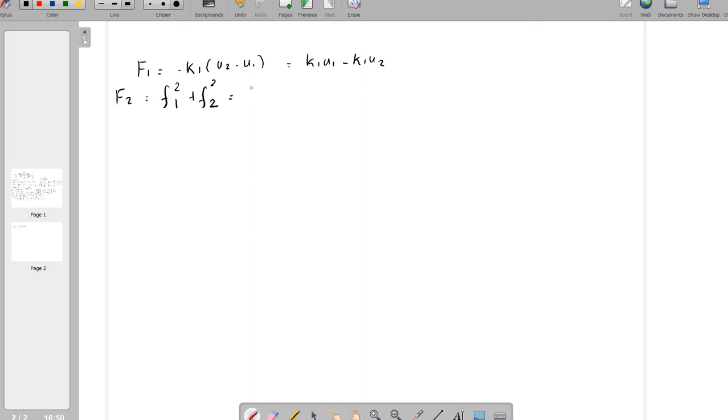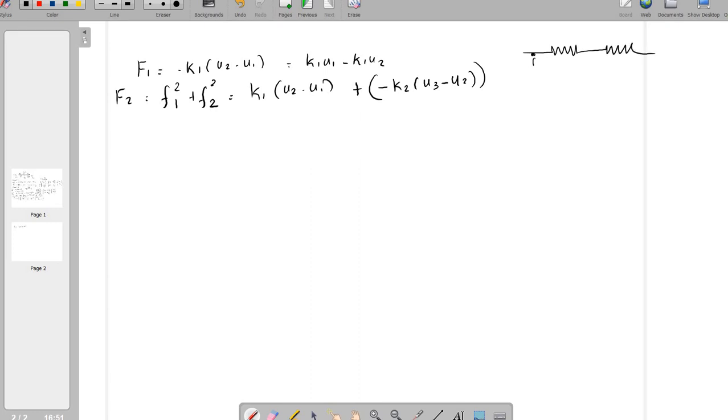The first equation is K1 (U2 minus U1), so that represents the first element, second node force vector, plus what we have formulated for the second element, minus K2 (U3 minus U2). Minus is because it is a spring.